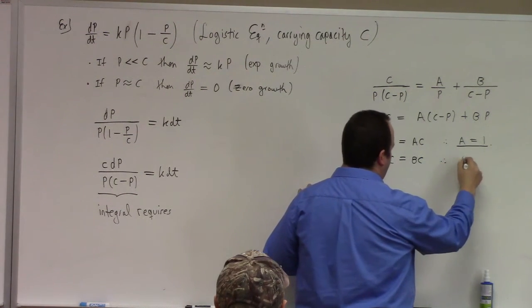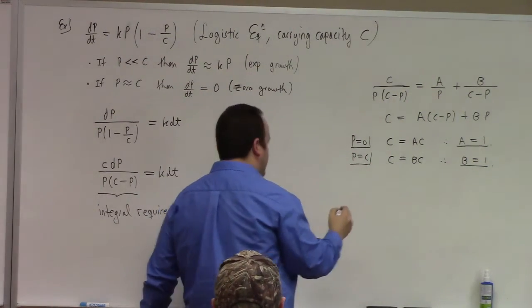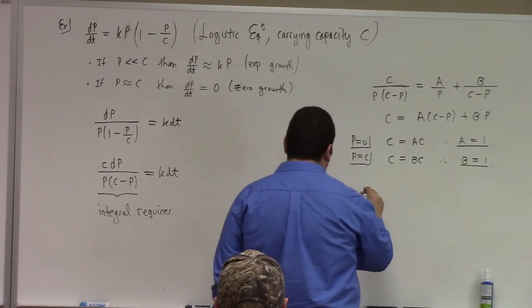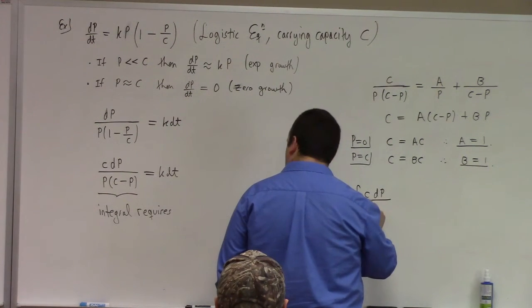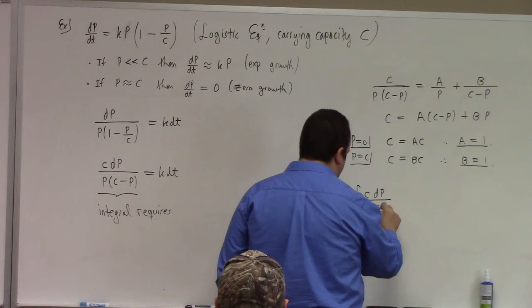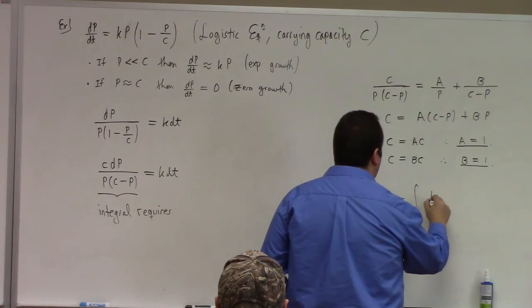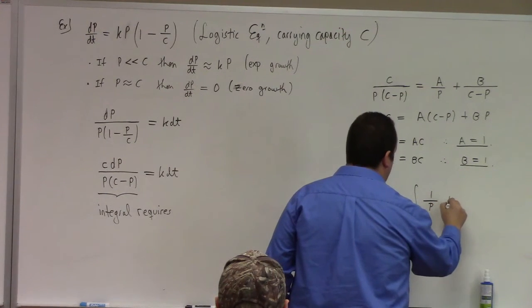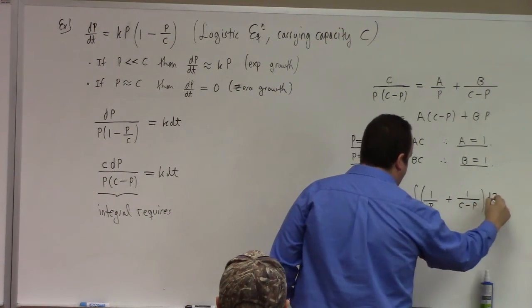Therefore, B is equal to 1. Okay, so apparently the integral of C dP over P times (C minus P) is equal to the integral of (1 over P plus 1 over (C minus P)) dP.